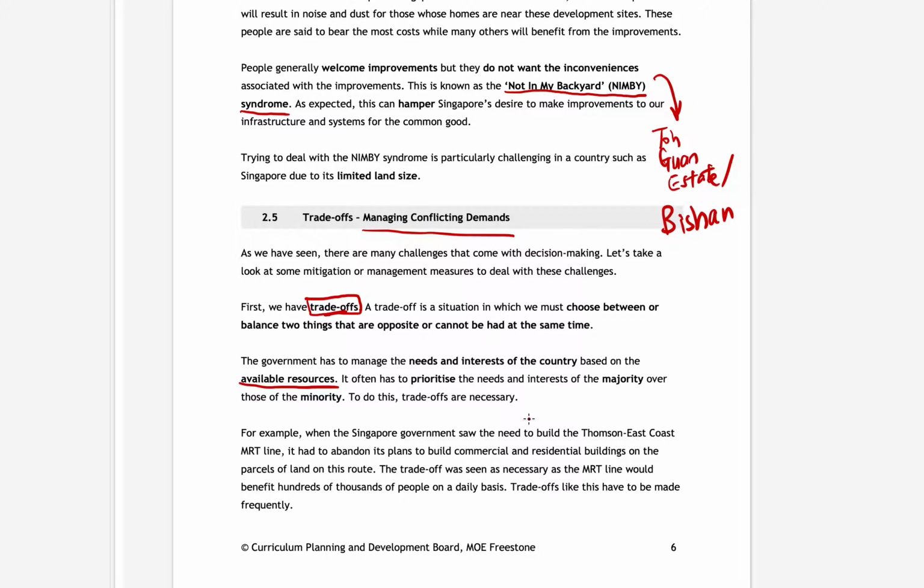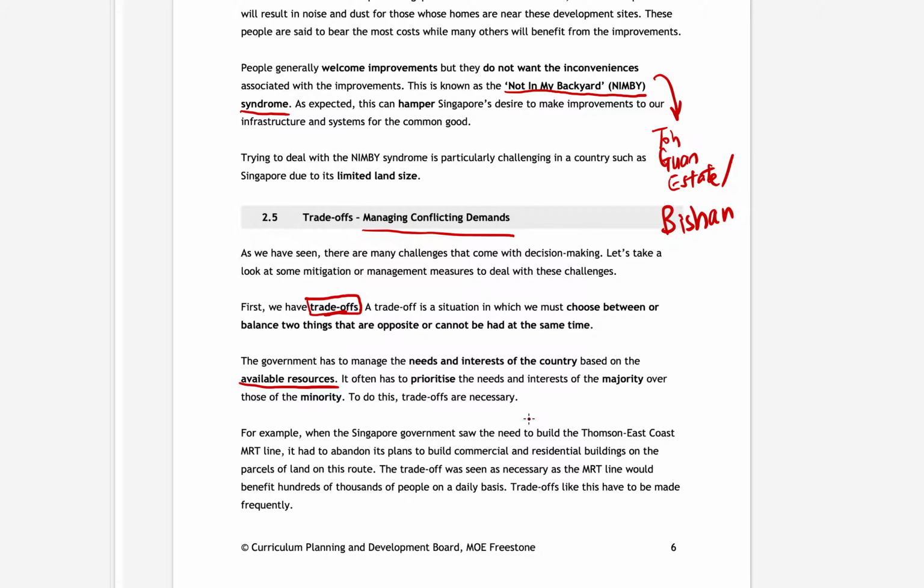Thomson East Coast Line example. I'm sure you know Thomson East Coast Line has already opened, partially, of course, right? So, when they were planning to build this Thomson East Coast Line, they had to abandon some plans to build the commercial residential buildings on that parcel of land that the MRT line was going to pass through overhead. Okay, so although it is a blowback for some of these commercial residential developments, for example HDB estates, it was seen as necessary.